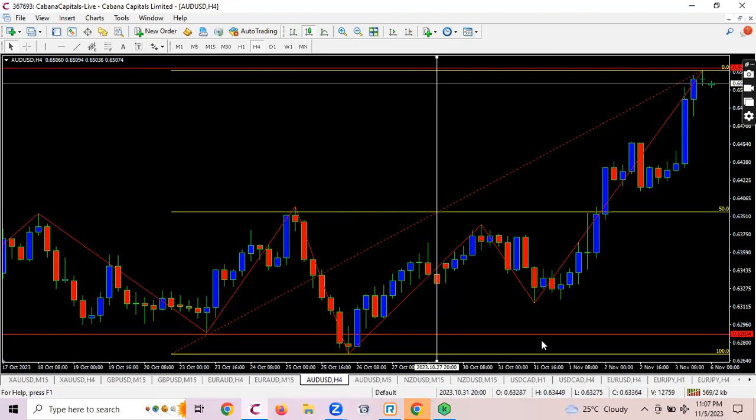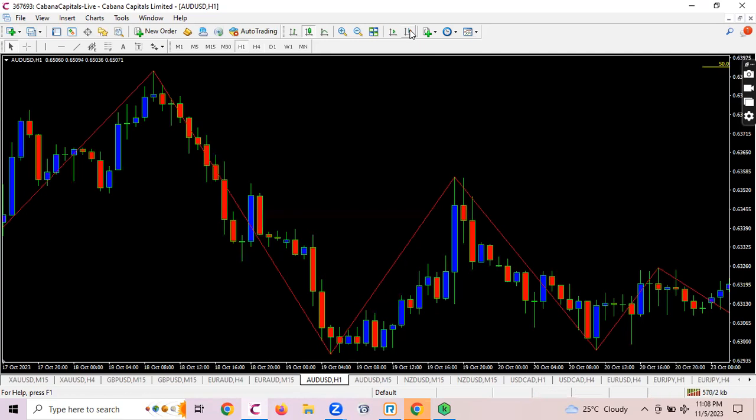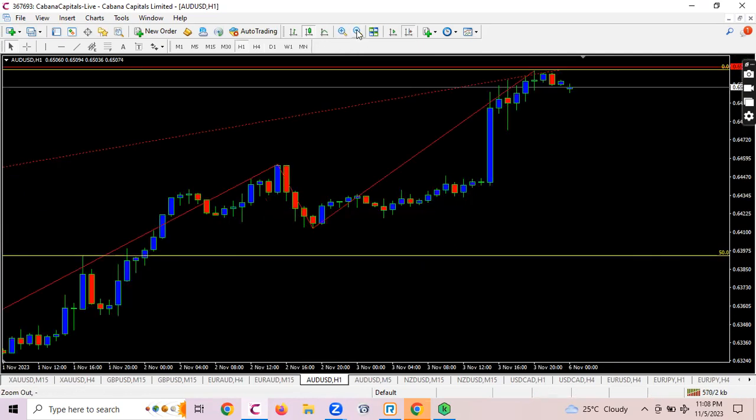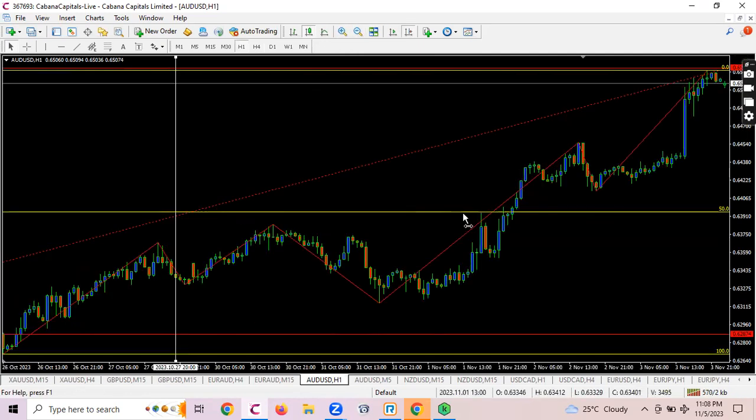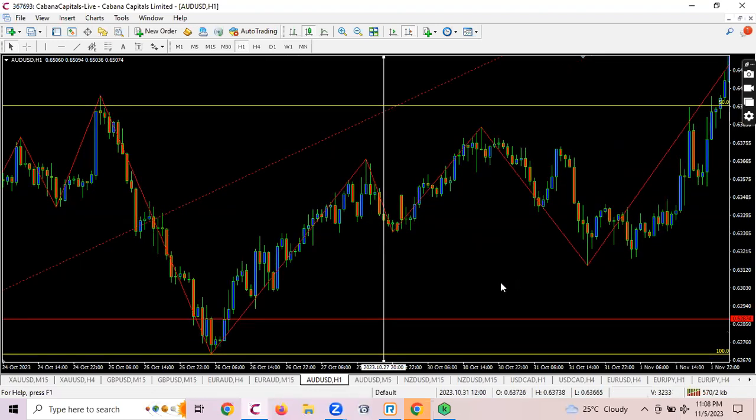Let's go down to 1 hour. I believe this movement was to fill a fair value gap. This pullback was to fill a fair value gap. Can you see this fair value gap on 1 hour?